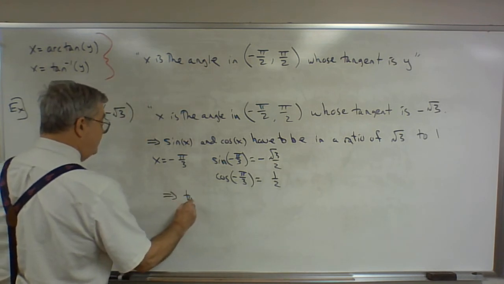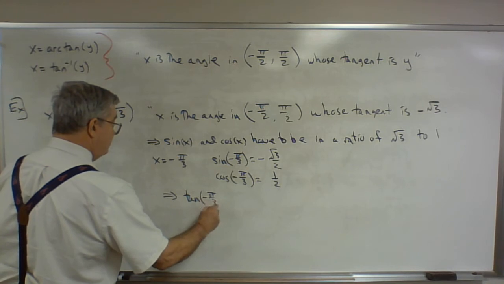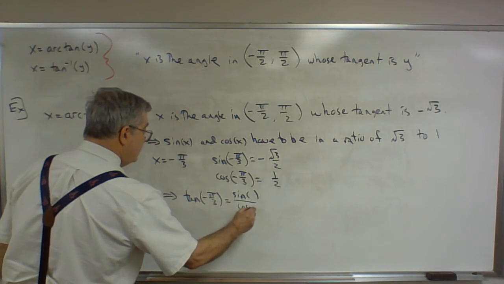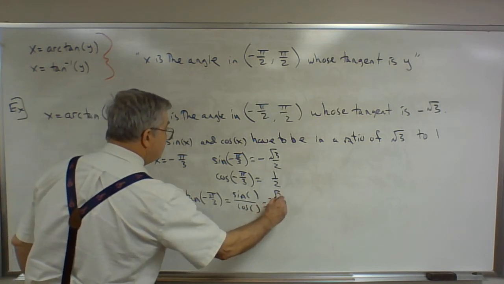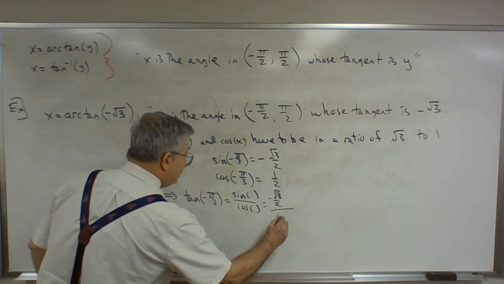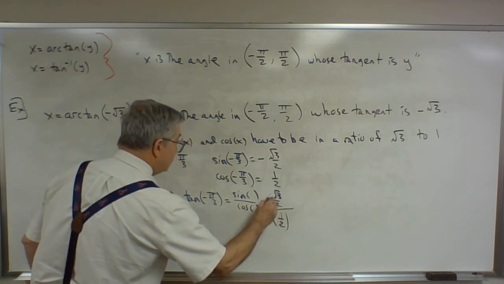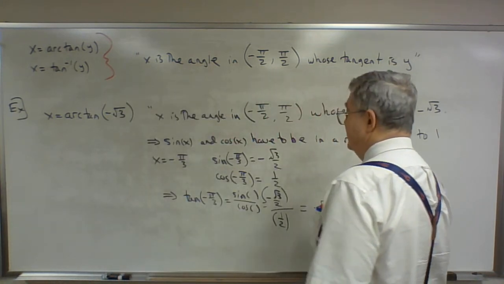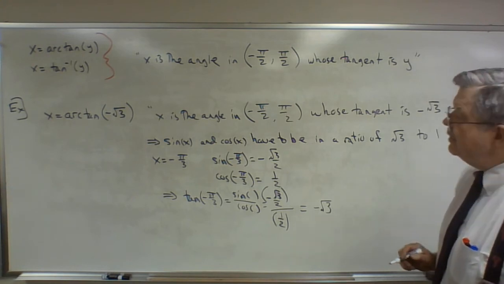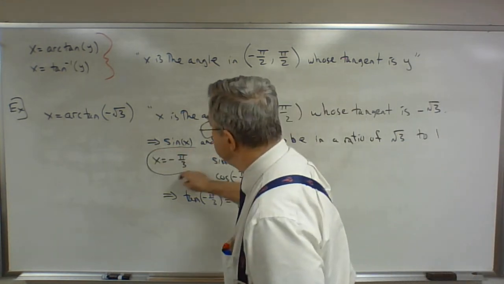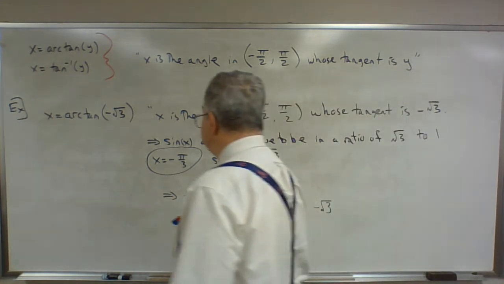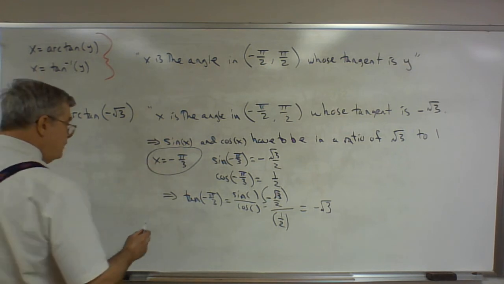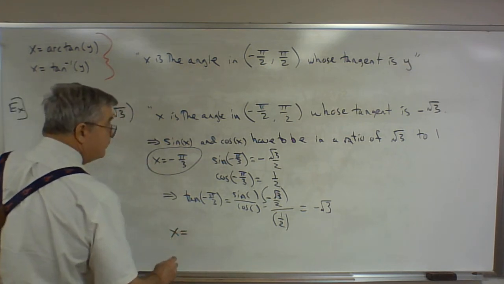So that implies tangent of negative pi over 3 is sine of negative pi over 3 over cosine of negative pi over 3, which equals negative square root of 3 over 2 over 1/2, which equals negative square root of 3. So the angle that we're looking for is negative pi over 3. X is the angle, negative pi over 3, whose tangent is negative square root of 3.